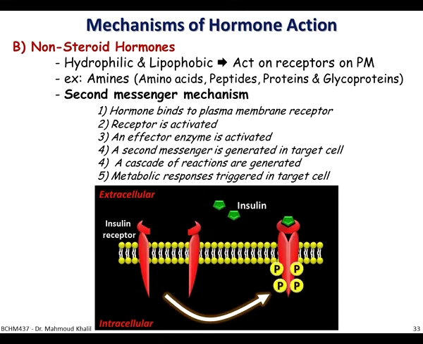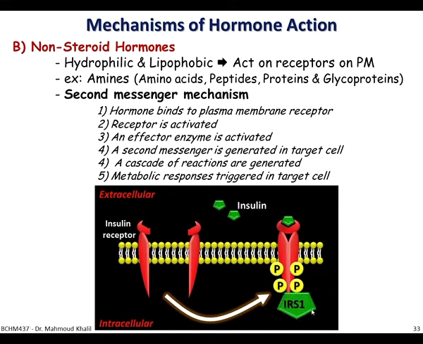Once it is active, as we said, this receptor will be activated, like step number 2. The activation of this receptor is by its own phosphorylation. So there is a phosphorylation signal in the cytoplasmic part of that receptor. Once this receptor is activated, it needs to activate another molecule, which is called the effector enzyme.